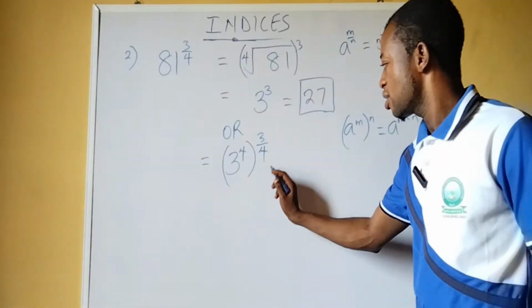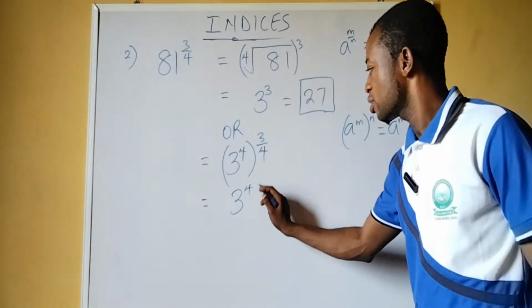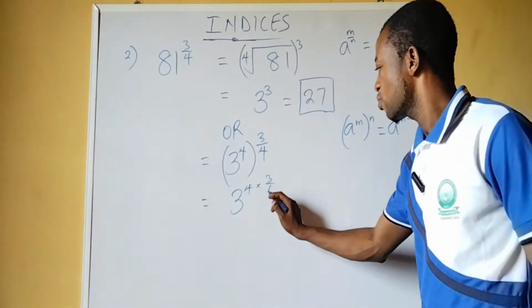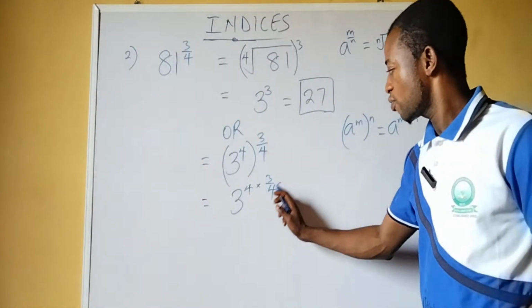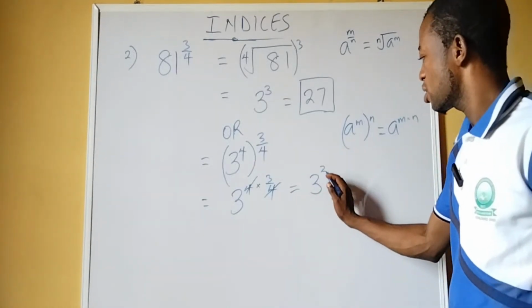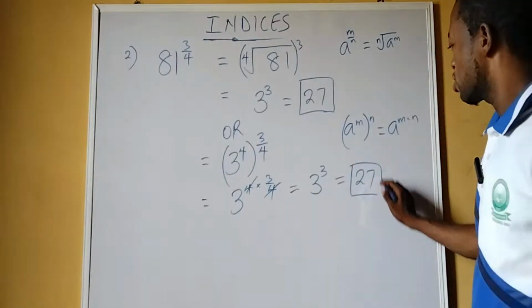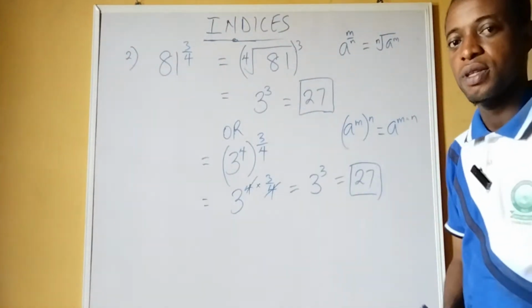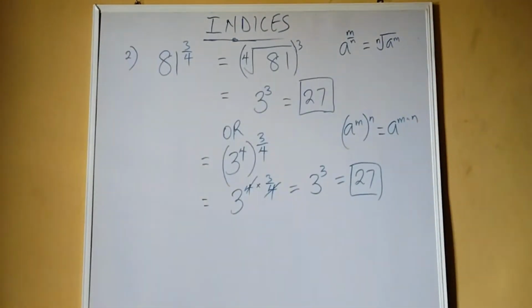That is, we can say that this becomes 3 raised to power 4 times 3 over 4. And when something like this multiplies, the 4s cancel each other, and this becomes 3 raised to power 3, which is also 27. So this is the same thing. Whichever one we use, we are still correct.